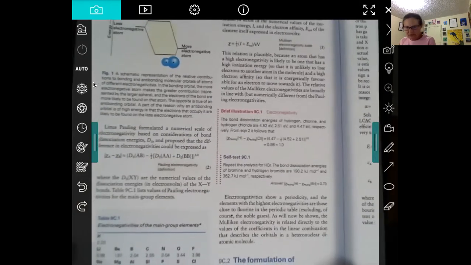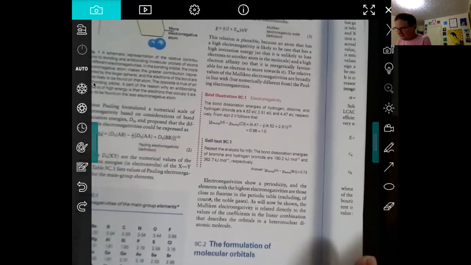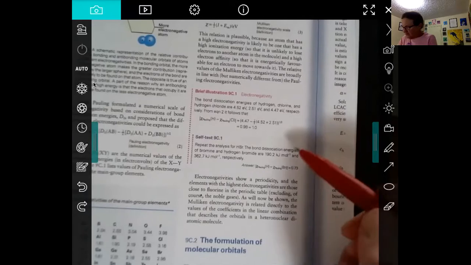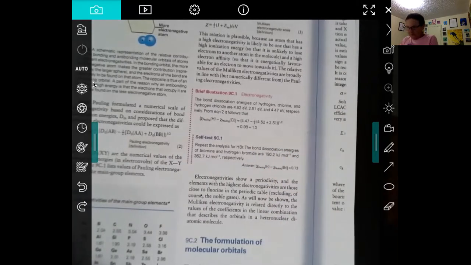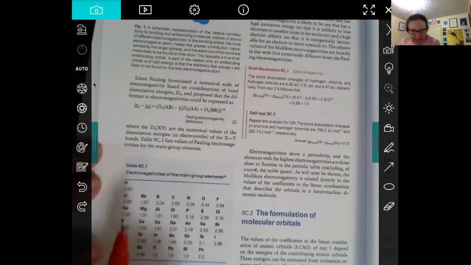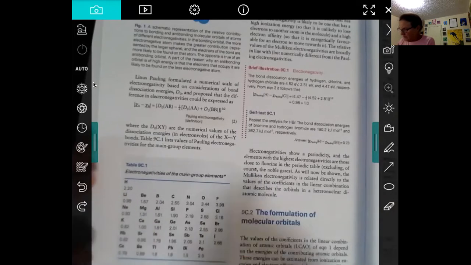So when we look over here at this self-test, it wants us to do an analysis and figure out the difference in electronegativity between hydrogen and bromine. We know from this diagram right here that should be about 0.7 because hydrogen is 2.2 and bromine is 2.96.